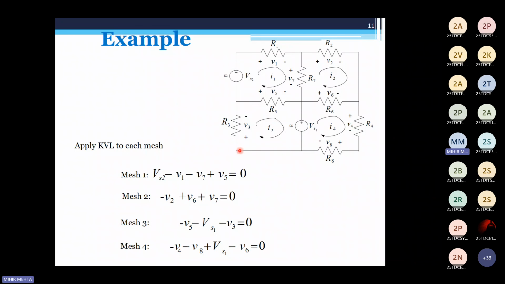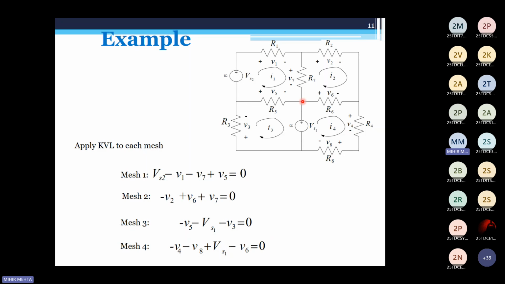No element in the bottom part, so no term to be associated with the equation. And lastly, moving through R3 from bottom to top as my loop direction or mesh direction, and the voltage V3 is also from positive to negative. So both the direction of the current and the mesh current would be same. That is why we'll consider this as minus V3, which is equal to 0.